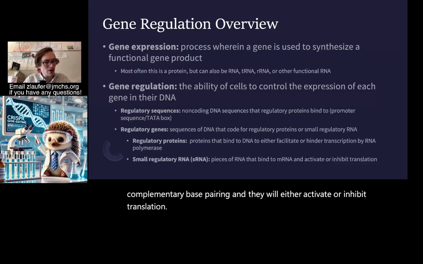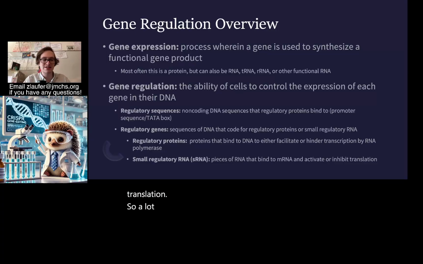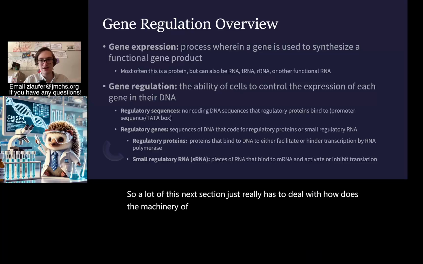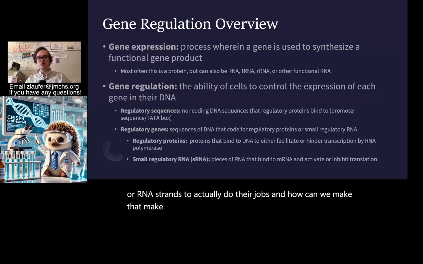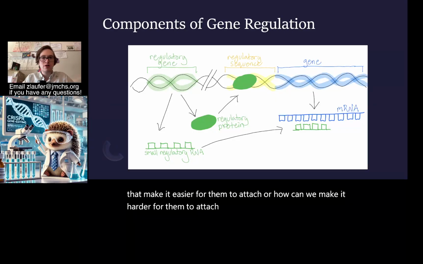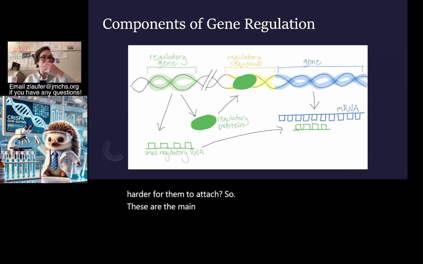So a lot of this next section really has to deal with how the machinery of transcription and translation attaches to the DNA or RNA strands to actually do their jobs. And how can we make it easier for them to attach, or how can we make it harder for them to attach? So these are the main components laid out.